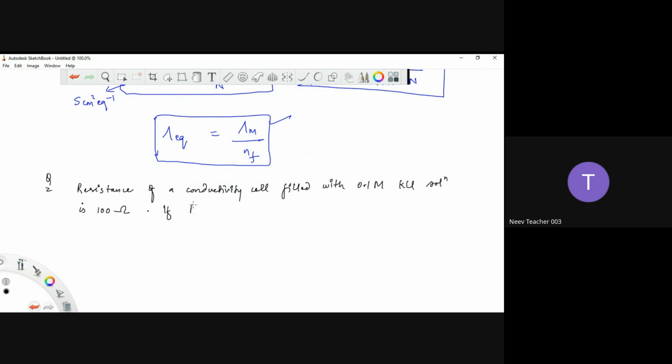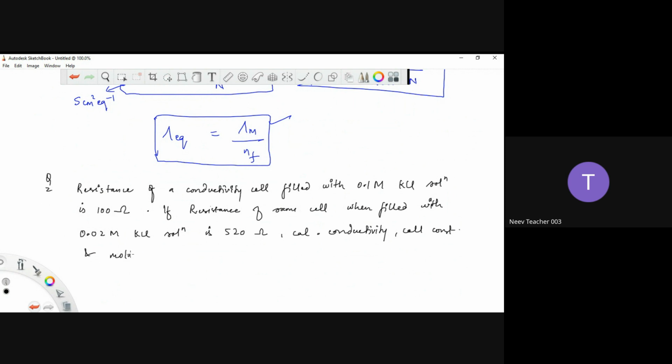Now, if resistance of the same cell when filled with 0.02 molar KCl solution is 520 ohm, then calculate conductivity, cell constant, and molar conductivity of 0.02 molar KCl solution.